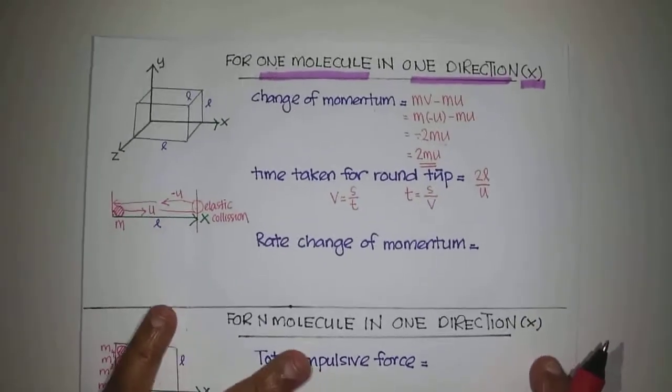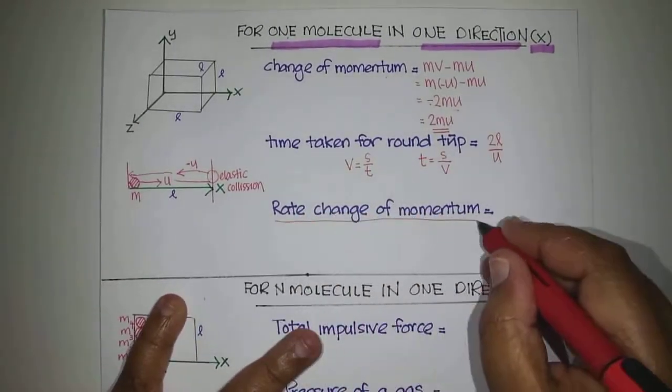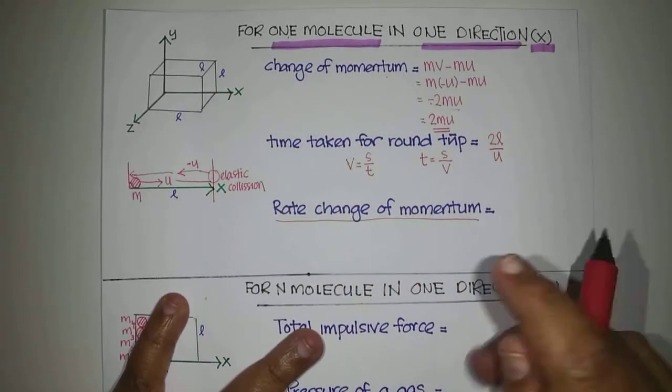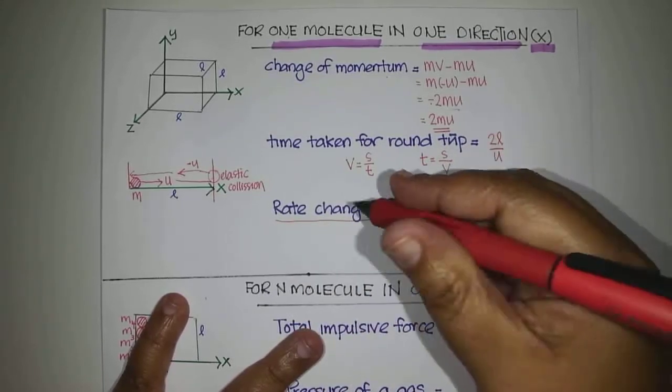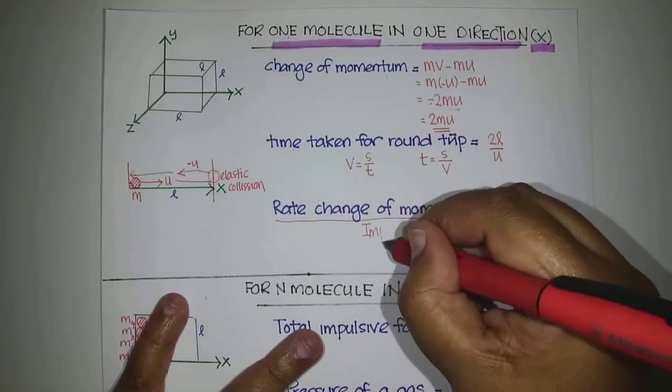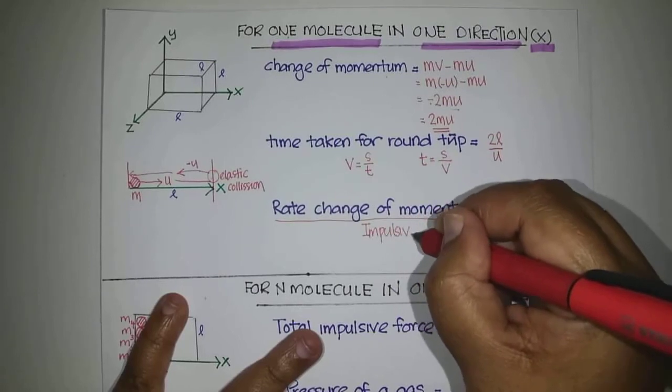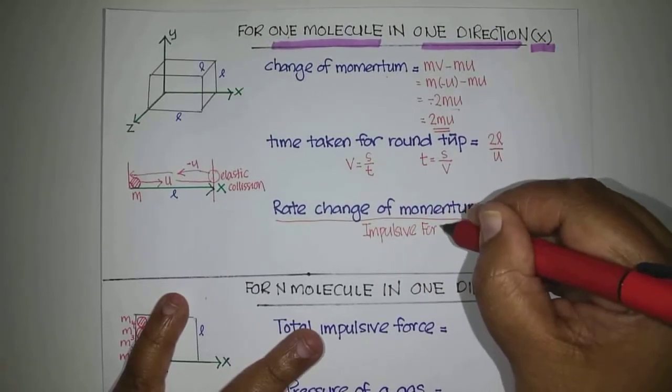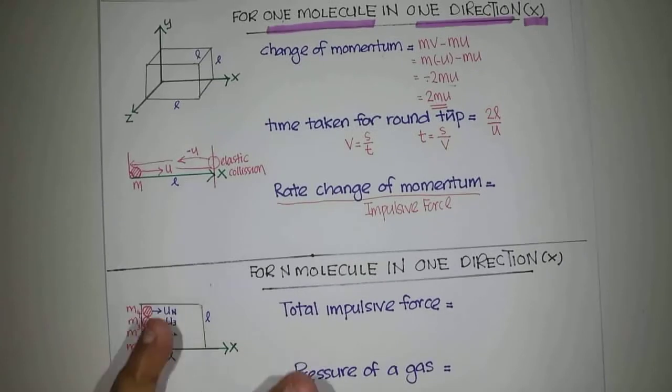Now, rate of change of momentum. Why did I put rate of change of momentum? Because rate of change of momentum refers to impulsive force. Why is it only impulsive force, not other forces?